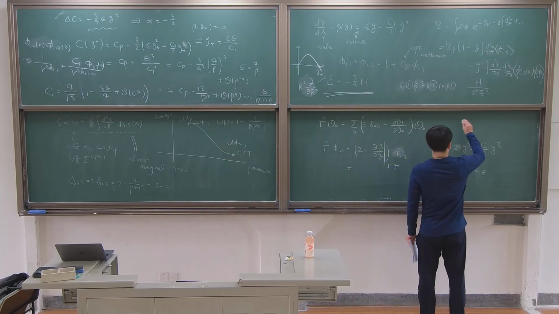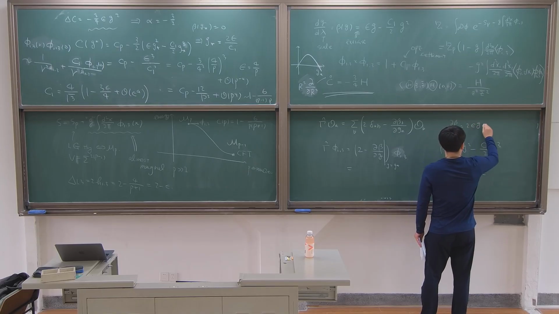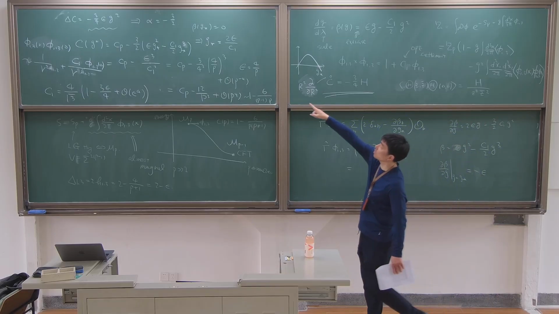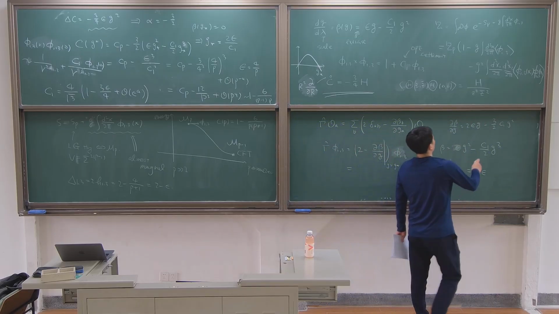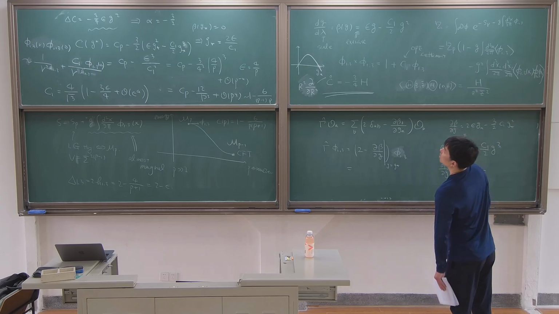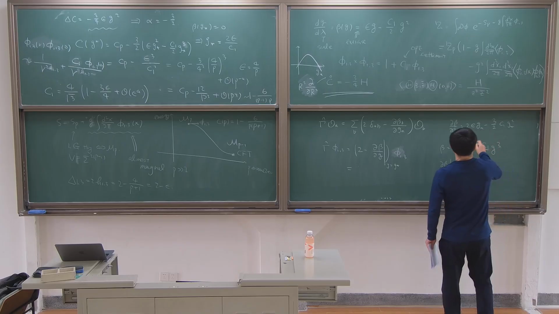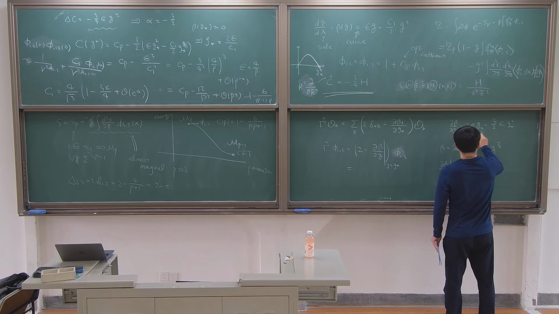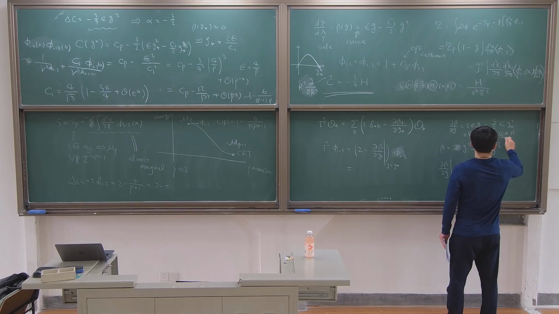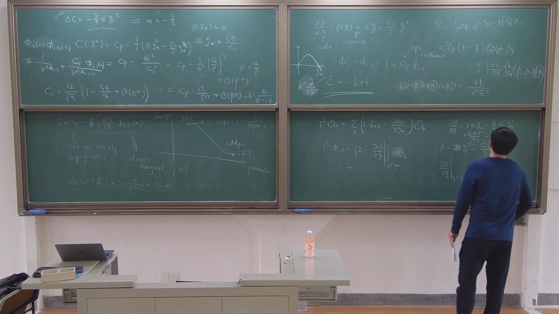So let's do that computation. Del beta del g is equal to 2 times epsilon g minus 3 over 2 c1 g squared. And plug this g star over there. And this is equal to 2 over c... like this.